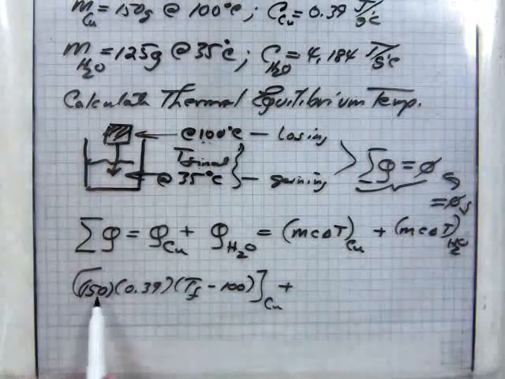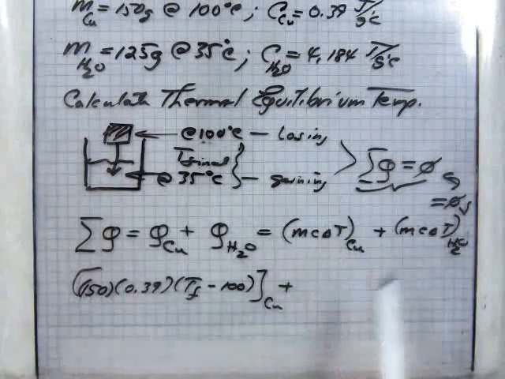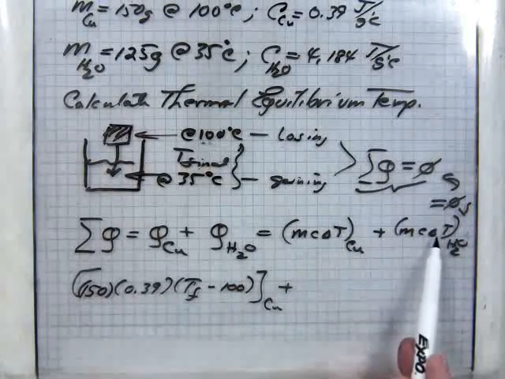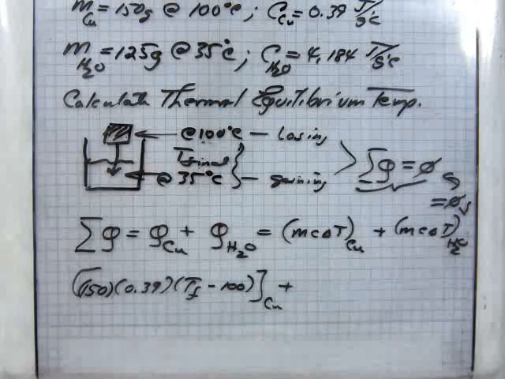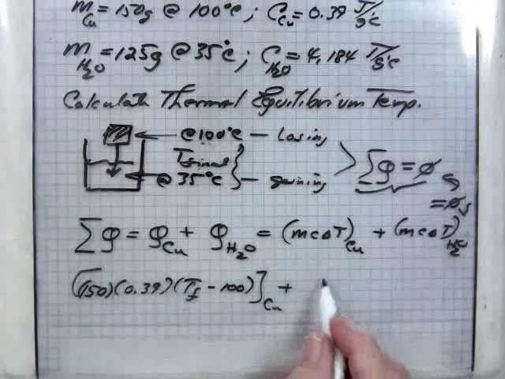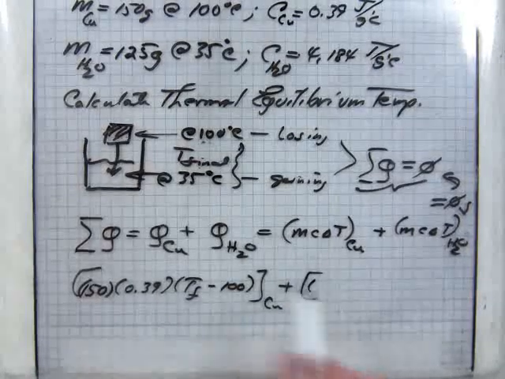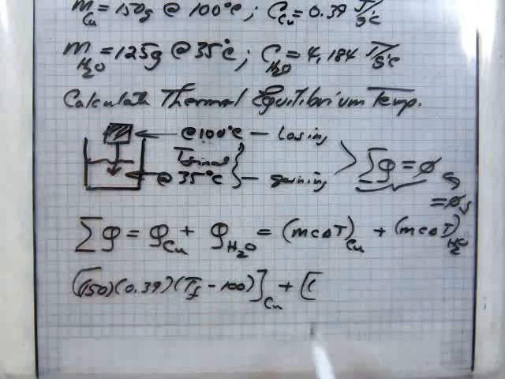The second energy change in here is this MCΔT, and that's exclusively for what the water is doing. So the water's going from 35 to whatever that final temperature is, and so we'll enter that in. How much water do we have? It says 125.